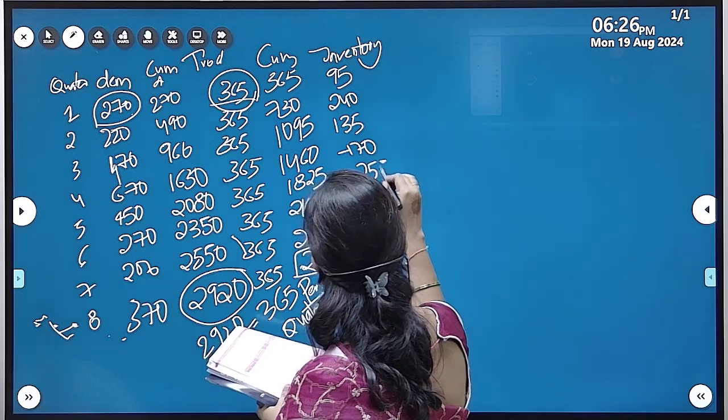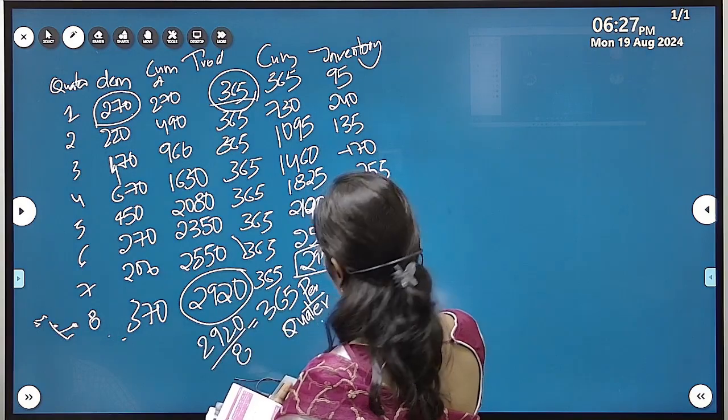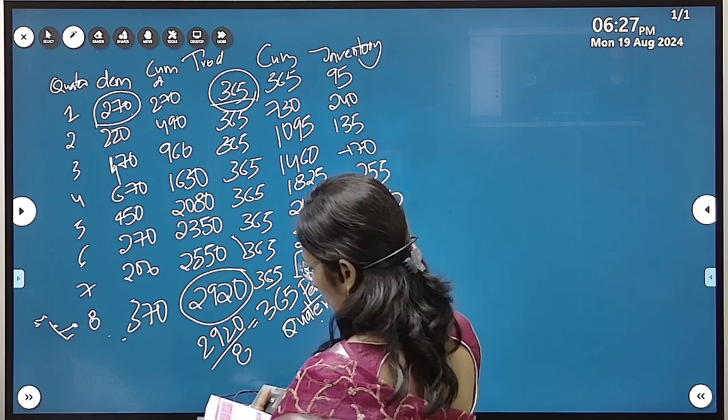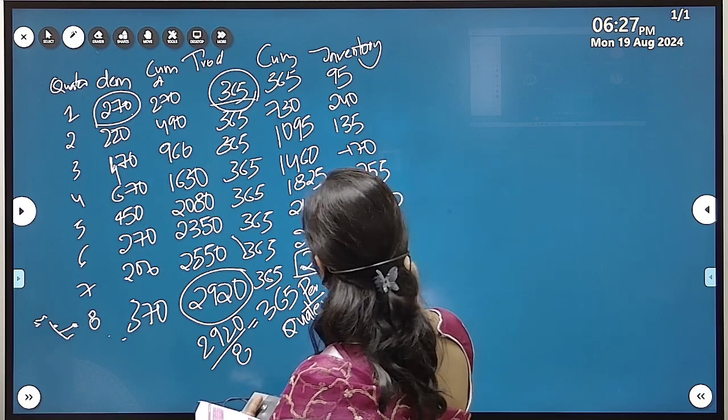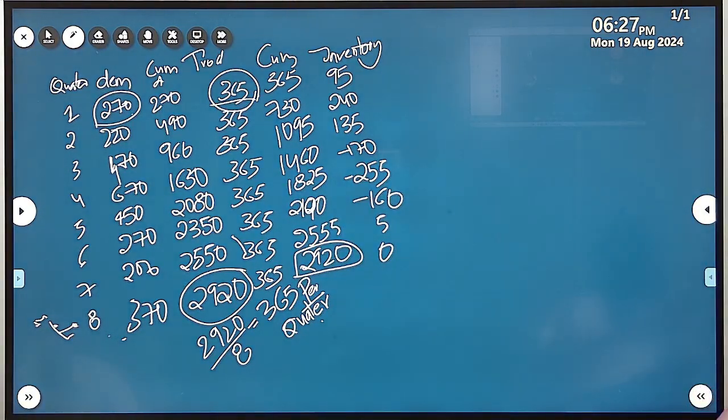Okay. So tell me next. Minus 160, next 0. Sorry, 5 and 0. So next, what we need to do is adjust the inventory with 255 at the beginning of period 1. Here, where is the negative inventory higher? In quarter 5 it is higher.